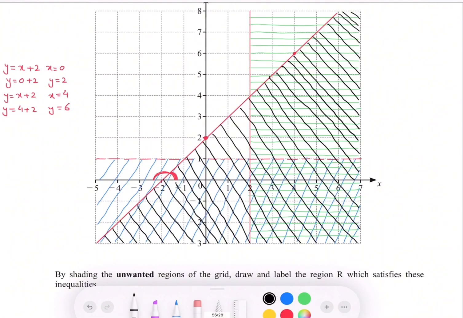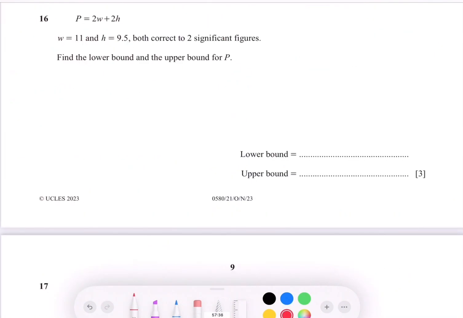We do not have to shade, we just have to write a big R. But here I have made some mistake because I did not understand the question. So just forget about it. I will correct it. So let me do this question, and after that we will correct the previous one.